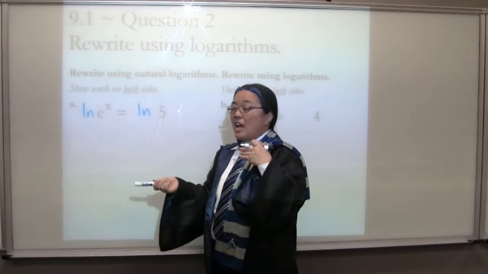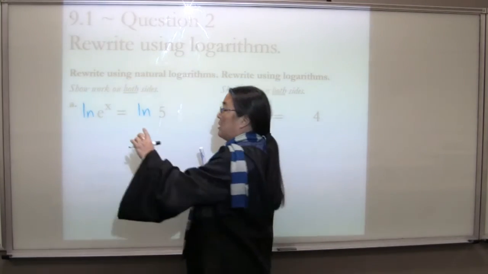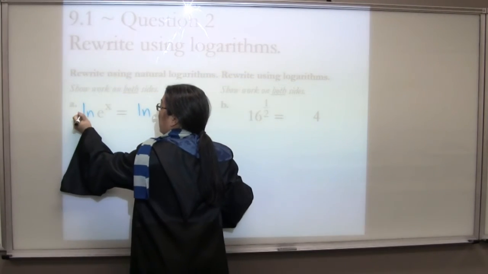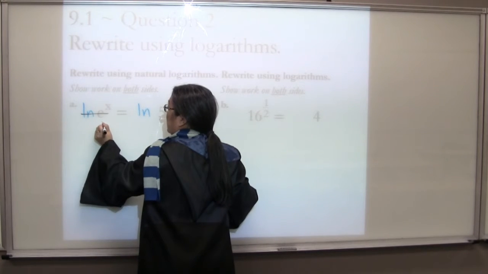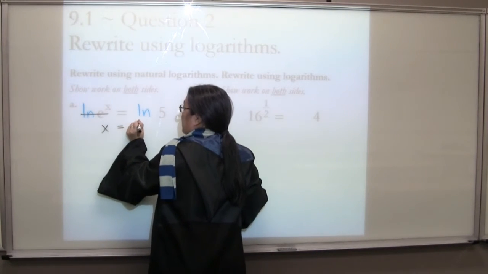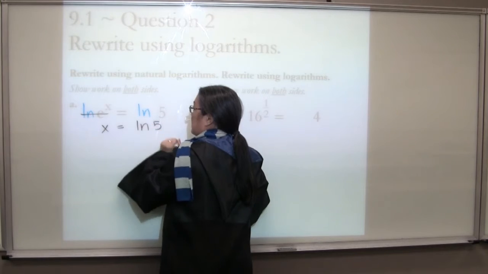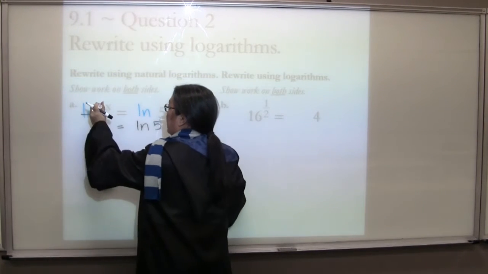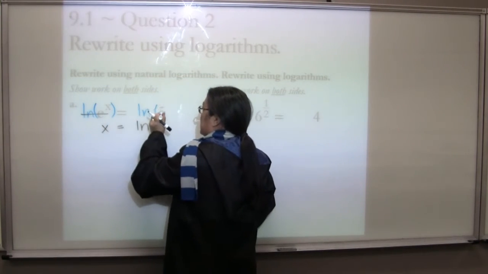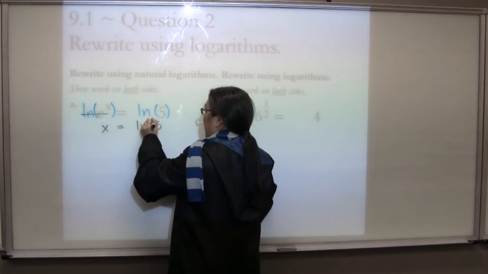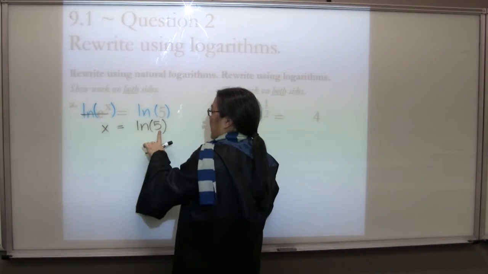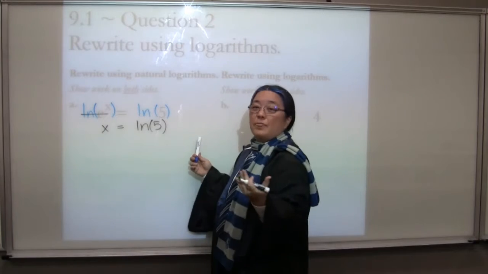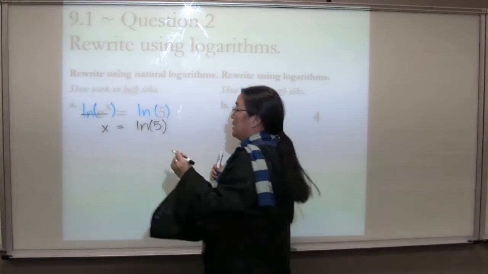They cancel each other out. Adding and subtracting, they cancel each other out. E to the and ln cancel each other out, leaving us with x. And then all you do is you write this on this side. Now, you might even write parentheses here because natural log is a function acting upon the number 5. That's all you have to do to rewrite it.